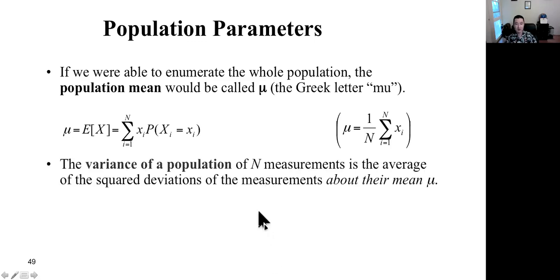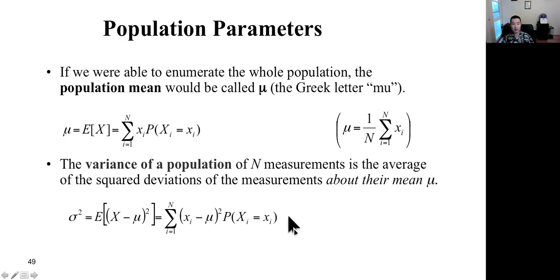For the variance of a population of n measurements, it is the average of the squared deviations of the measurements about their mean value mu. So the equation is very similar to S squared, which we discussed in the last class. S squared is the sample variance. Sigma squared is the population variance. As we can see, the equations are very similar.